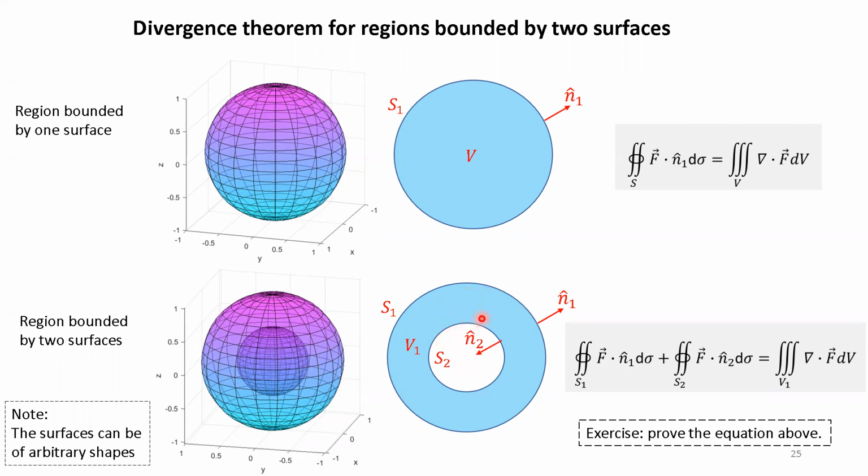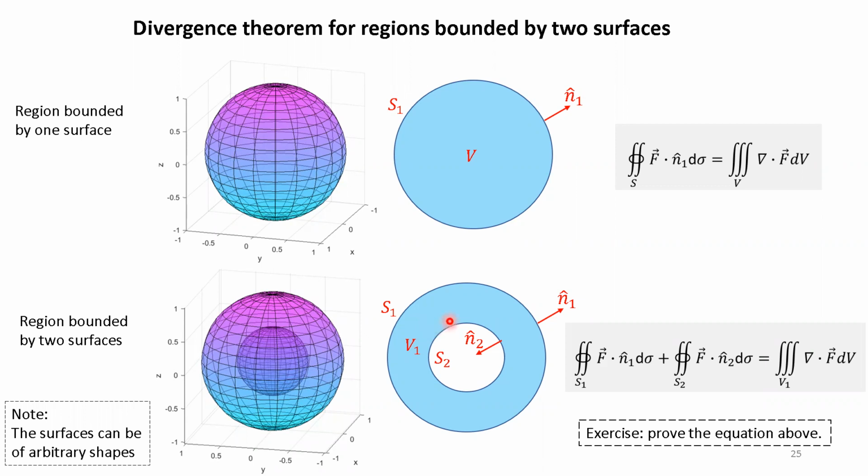Now I'm going to ask the same question: air flows everywhere. I'm not drawing the vector field, but imagine the vector field is there.